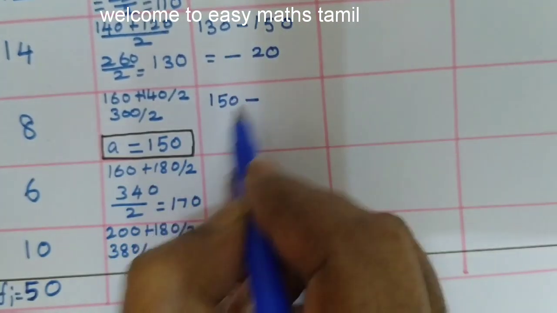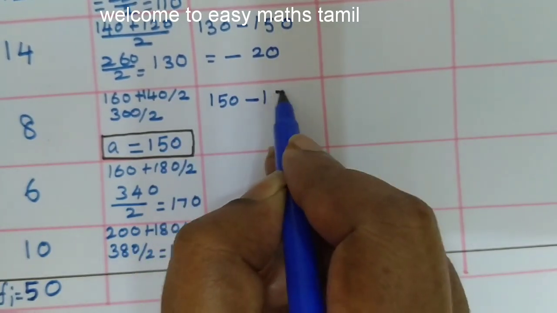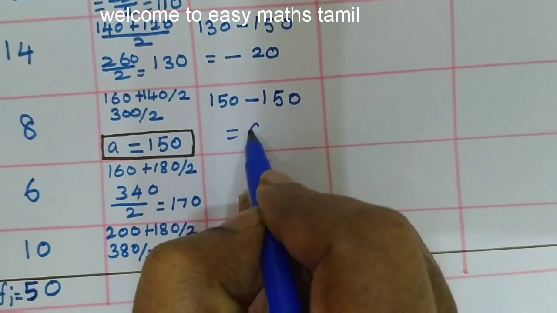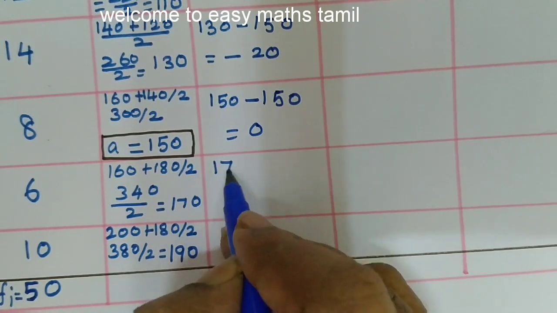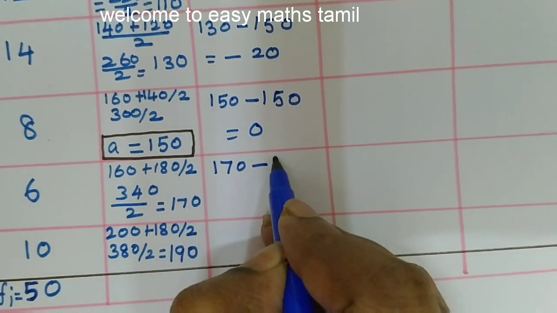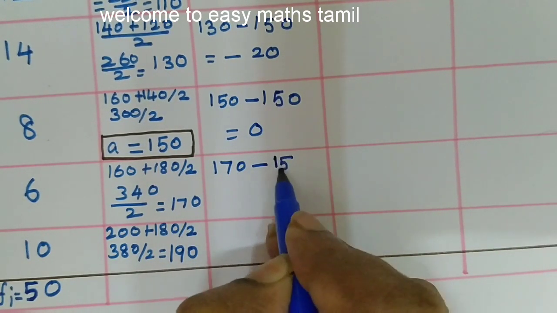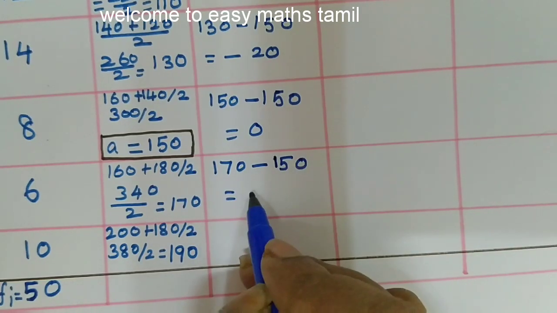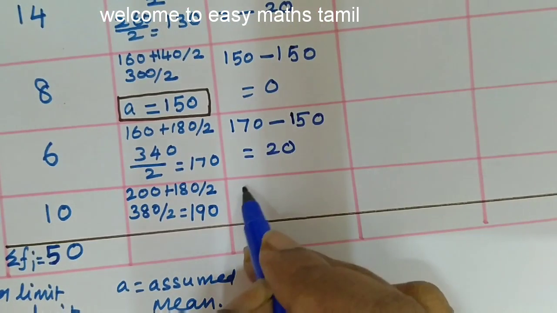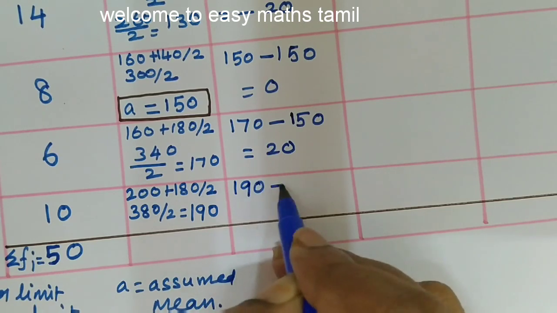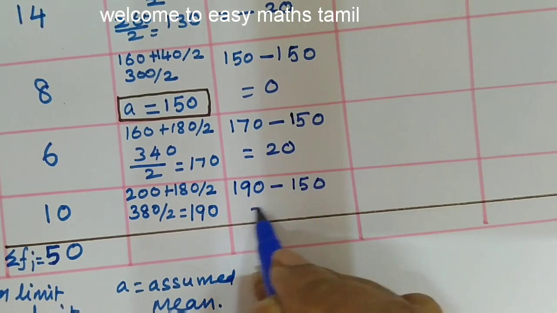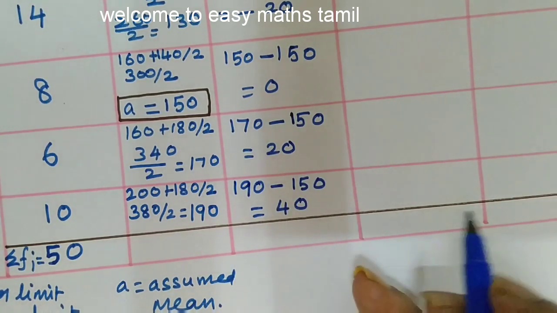The xi value 150 minus A value 150 is 0. Xi value 170 minus 150 is 20. Xi value 190 minus A value 150 is plus 40.